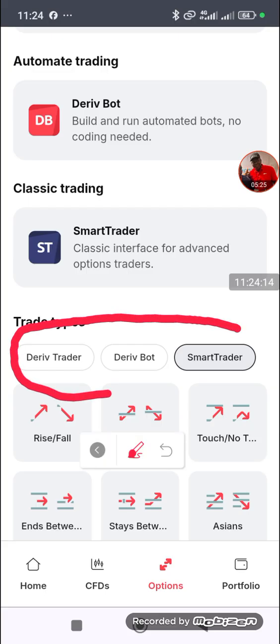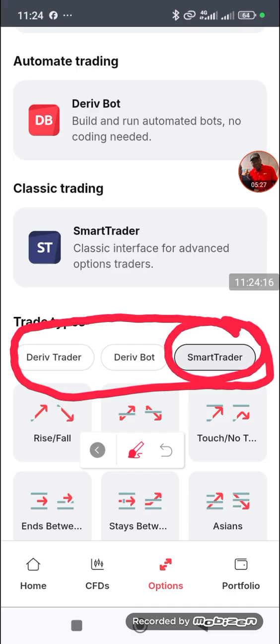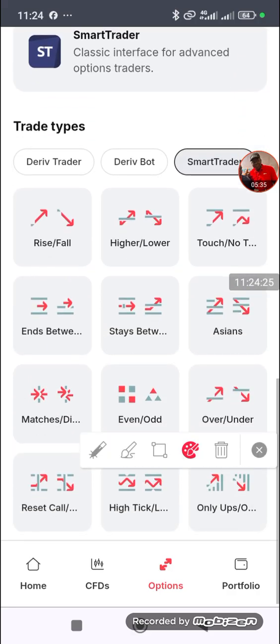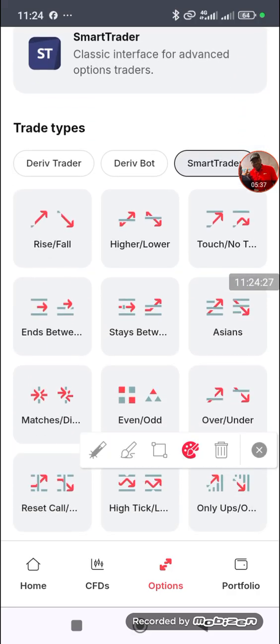I can touch this Smart Trader, and it shows me all the available options to be traded. I can select any one of them and trade. What it means is that it's going to take me to the Smart Trader page.